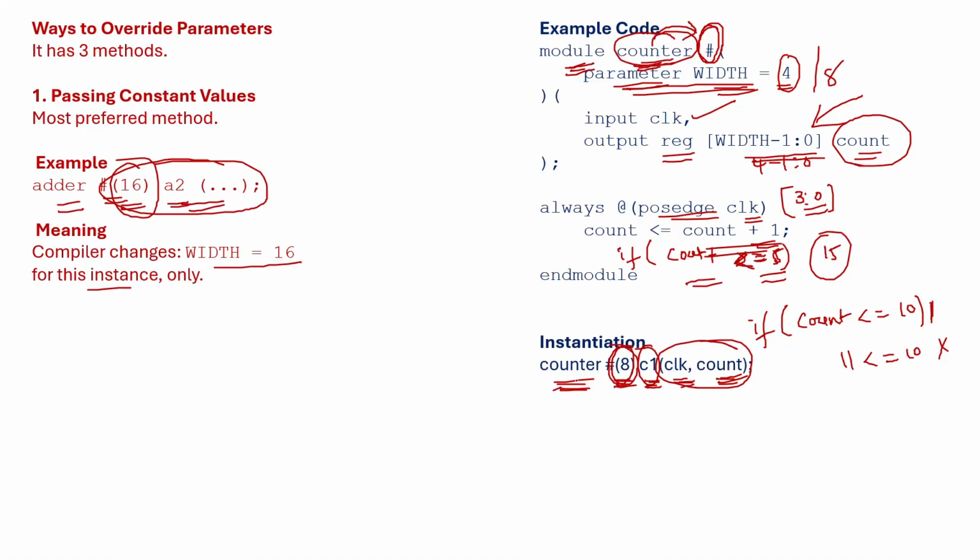So counter is my module name and I am changing the parameter to 8, and the instance name is C1 here. Whatever variables you considered in your old module, you need to write here, clock comma count. Then all the variables will be updated to the parameter value 8. So that is the meaning of this.